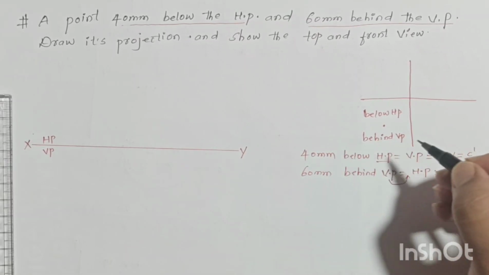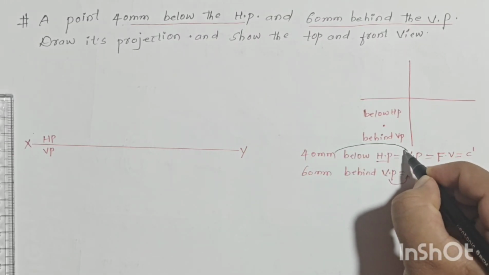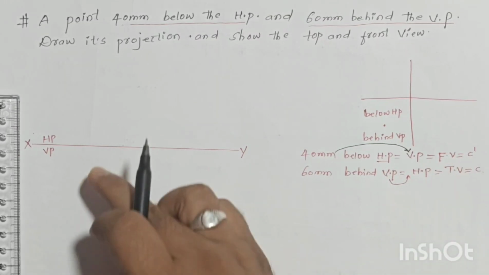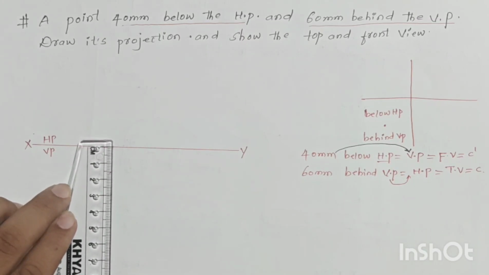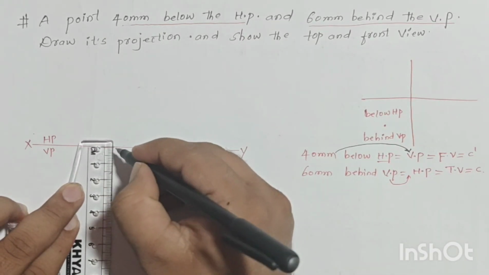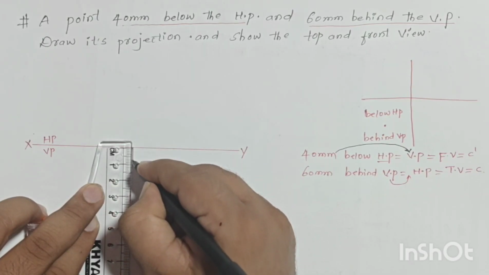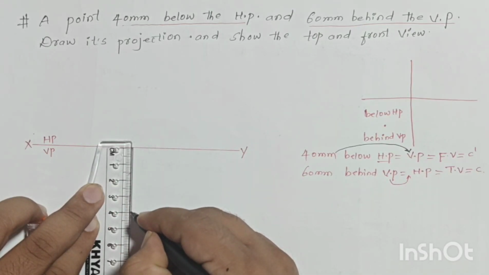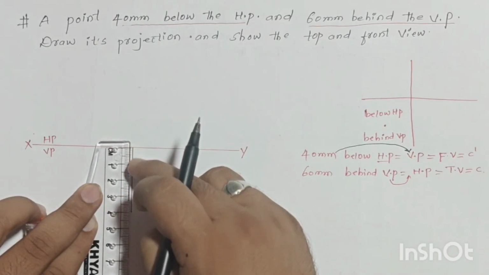Let us see. 40 mm we need to draw on where here? On the vertical plane. Where is the vertical plane? Below the reference line. From this point, I am measuring a length of 40 millimeter. Clear? Then this line should be very light.